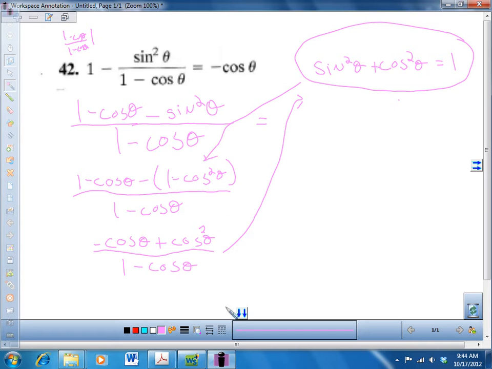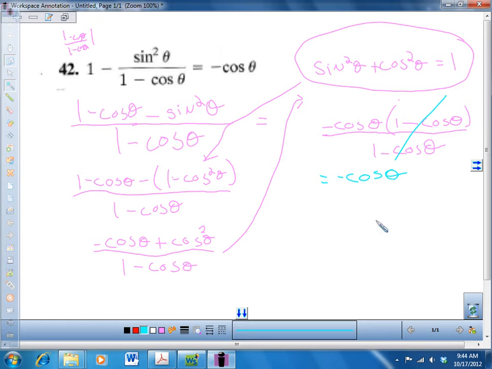So now I'm going to rewrite this by pulling out a negative cosine of theta times (1 minus cosine of theta), which works out very nicely because now I can cancel out those 1 minus cosine theta, and what I'm left with, where I was trying to get to, is negative cosine of theta.